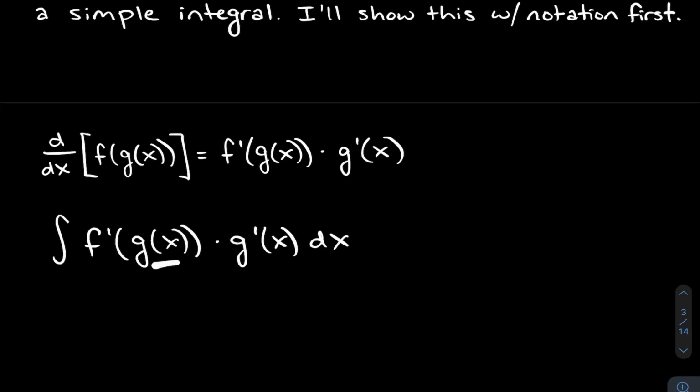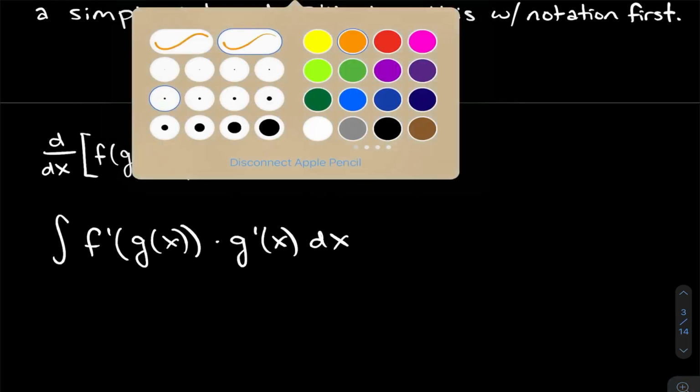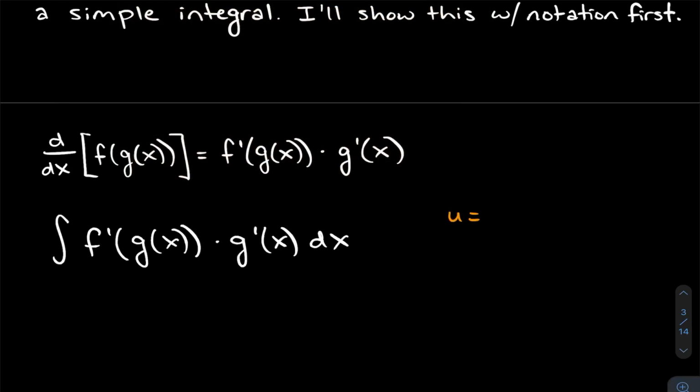We're going to set this inside function, that was x squared plus 1 before, equal to a u. We're going to say u equals g of x. Okay? What that does for us, watch what happens. It makes things a little nicer to look at. We get f prime of, this is where the u will go, and then we'll have g prime of x dx.